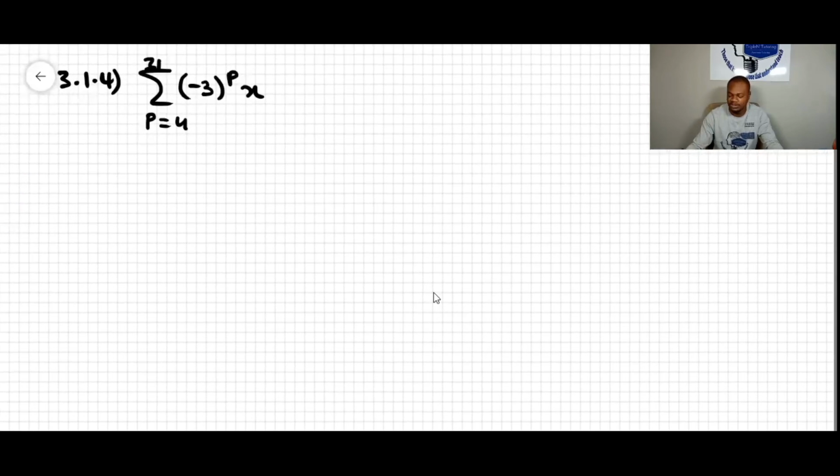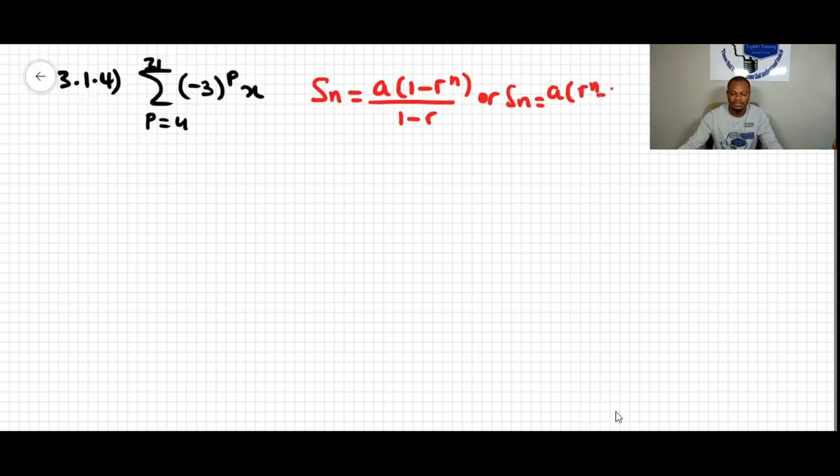The sum Sn is equal to a, open bracket, 1 minus r to the power of n, close bracket, over 1 minus r. Or similarly, Sn will be a, open bracket, r to the n minus 1, over r minus 1. It's going to give the same answer.